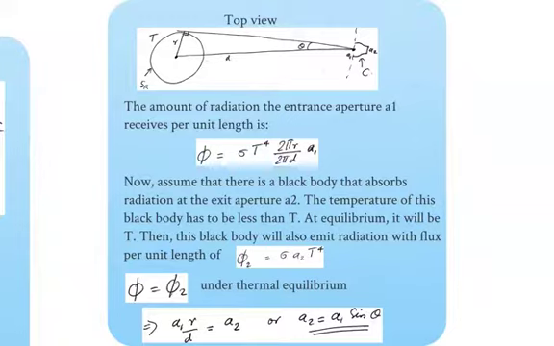So the amount of radiation or flux the entrance aperture A1 receives per unit length, therefore, is simply the area of this entrance aperture divided by the whole area, which is this big circle, times whatever is coming from here. So sigma T raised to 4, 2 pi r over 2 pi d times A1.